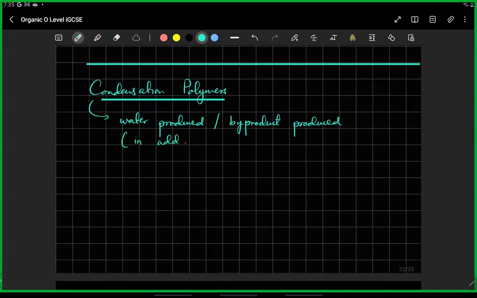You need to know the difference as well because they're going to ask you about the difference. Addition में बस वो आपस में जुड़ जाते थे. Nothing new was produced, ठीक है. It was just molecules connecting. I said no byproducts produced.